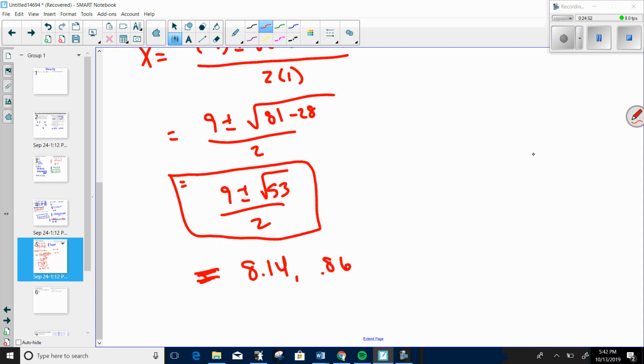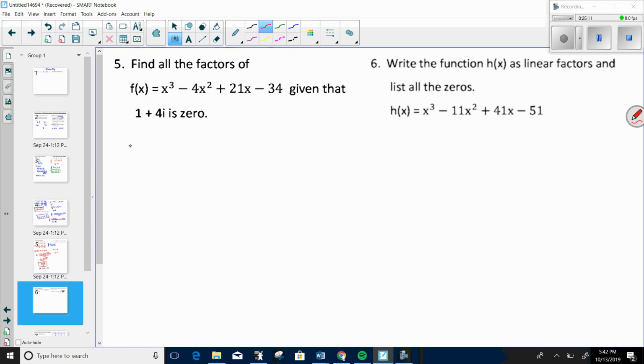You have to be able to come up with that radical in order to be proficient or advanced. That's what I want you to be able to do as a pre-calc student, is come up with that number right there. This is a good number, it's an approximation, but it's not the best mathematical number. That's what you need to be able to come up with. Okay, and that's all you need to do for that part right there.